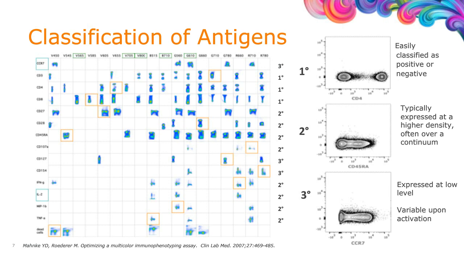And thus, our ability to spread those out is dependent upon the color that we use. And then the tertiary ones that are very low expressed in many cases or have variable expression, such as in activation, are another challenge for us.